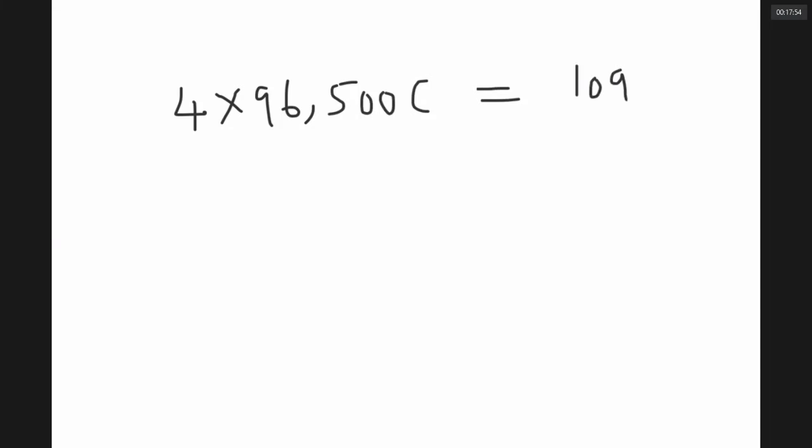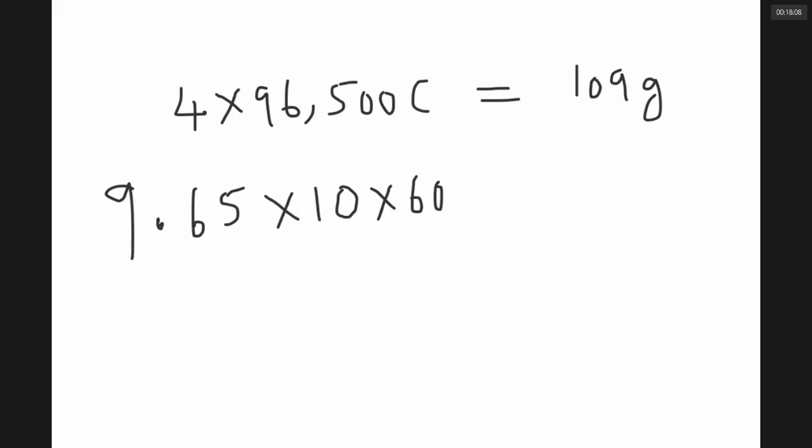I am very clear, 4 into 96,500 coulombs will give me 109 grams of product. Here I am passing a current according to the problem, 9.65 amperes per 10 hours. Hour means 60 minutes into 60 seconds. Now how much will I get?